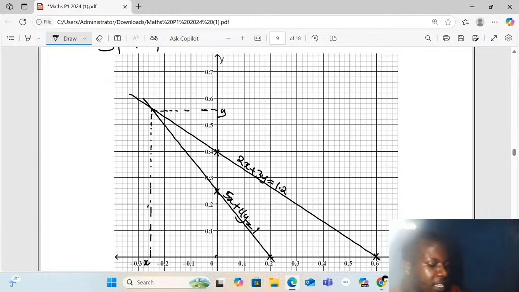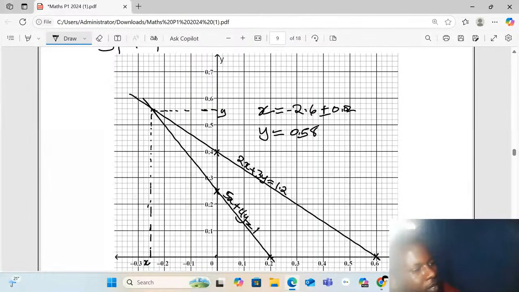When you read from your graph, you're going to get x is negative 2.6, somewhere like 2.6. Then y is 0.58, somewhere here.